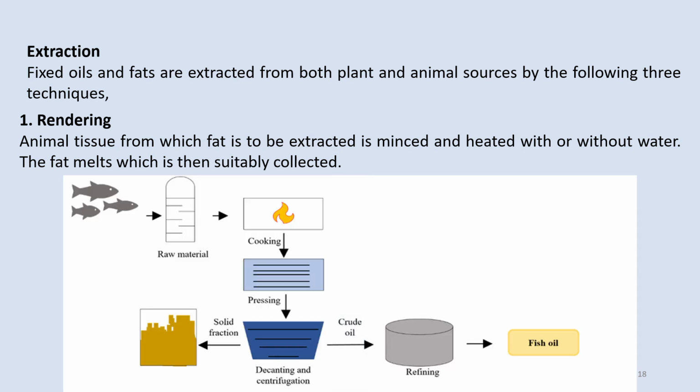An example is shark liver oil and cod liver oil, taken from fish. The raw material of the fish is cooked, pressed, decanted and centrifuged, and the solid fraction can be separated. The crude oil is again refined, and you can get the fish oil. We are not going into much detail, just an outline of the rendering method.